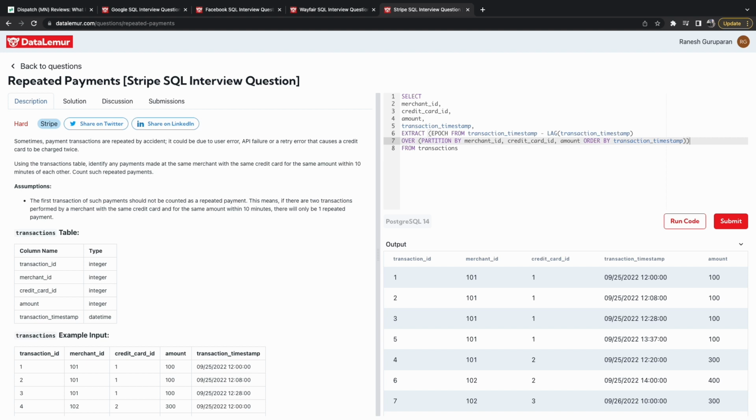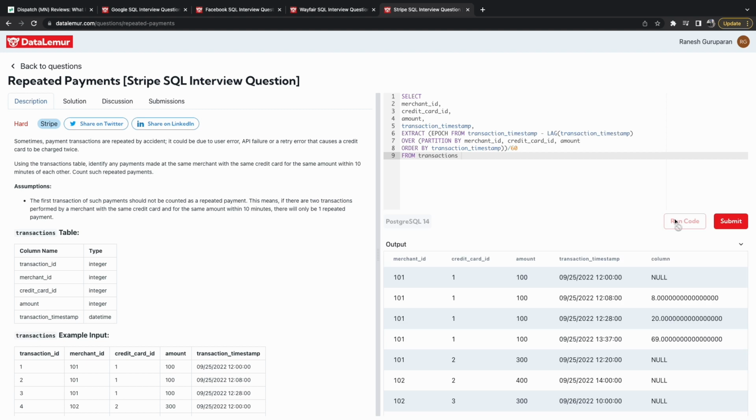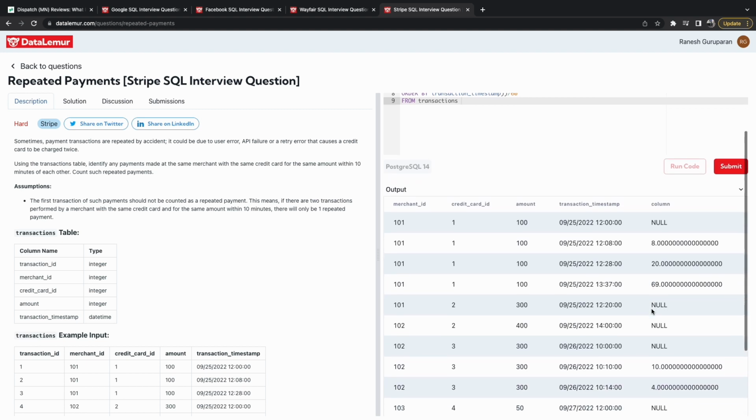This would give it to us in seconds, so we want to divide by 60 to get that in minutes. Let's just make this neater. Let's try running that. Cool.